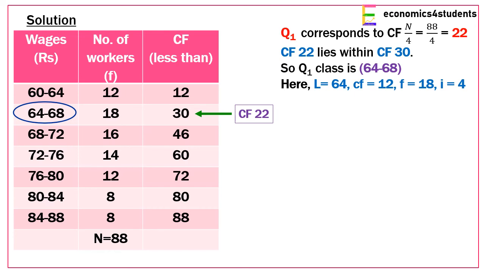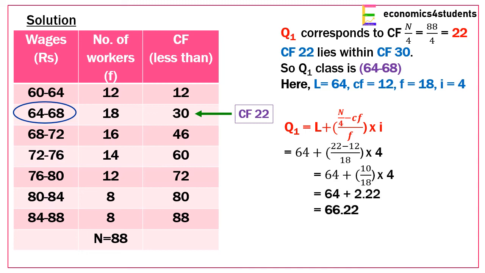Now we write the formula for Q1, which is Q1 is equal to L plus (n by 4 minus Cf) by f into I, and substitute the values in the formula. After calculating, we found that Q1 is equal to 66.22, which definitely lies in the class interval 64 to 68.